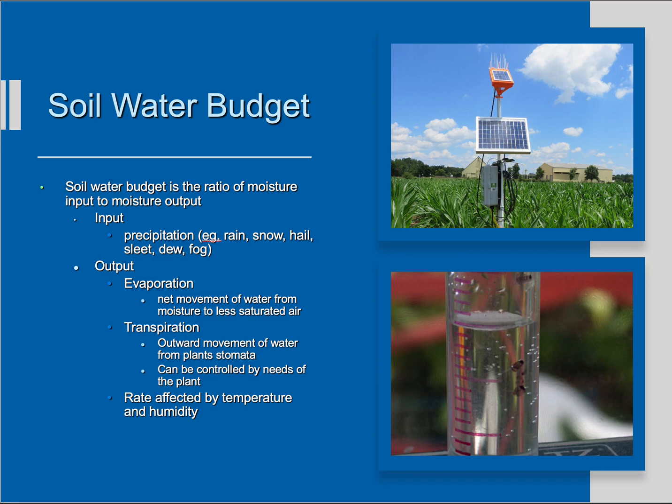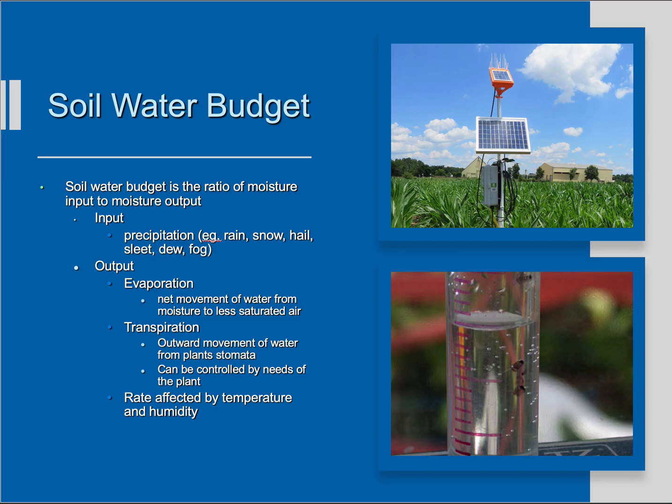When we talk about soil water budgets, how much water is in the soil, what we're looking at is a ratio of how much moisture is put into that soil through various means of precipitation, rain, snow, sleet, dew, and how much is actually extracted from that landscape through evaporation and evapotranspiration, or the outward movement of water from plants through their stoma.